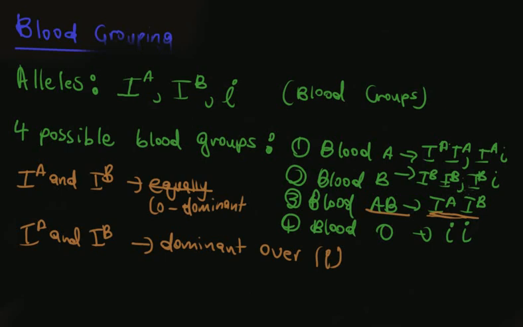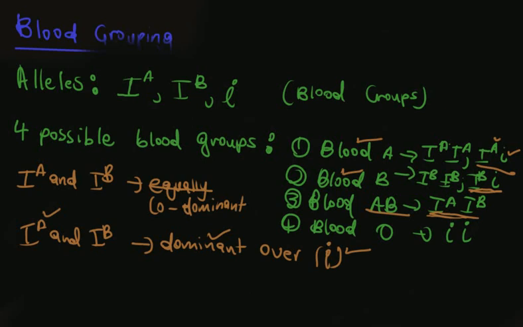You see here, there is B as well as i, but we say the phenotype is blood group B. So that means B is able to mask small letter i, so B is dominant over small letter i. Even for A, we say it's blood group A, but in terms of alleles, we've got both A and small letter i, and we still say it's blood group A. That means A is dominant over small letter i. So those are the things that you have to know regarding blood grouping.